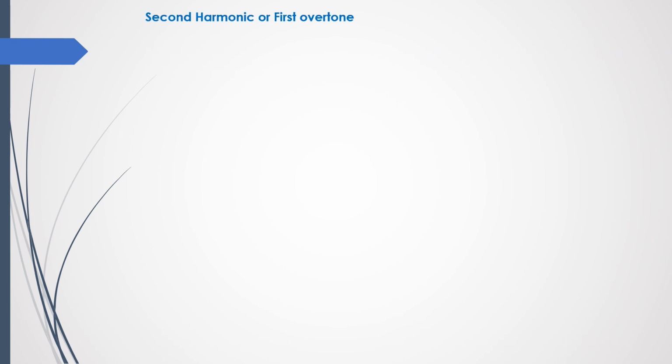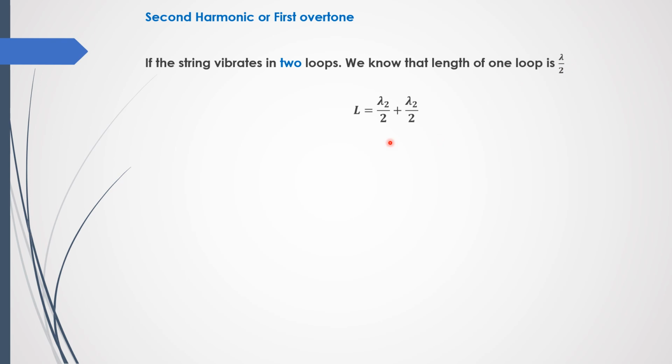Now the second harmonic, which is also known as the first overtone. When the string vibrates in two loops, its mode of vibration is known as the second harmonic or first overtone. We know that the length of one loop is lambda by 2. So here length will be equal to lambda by 2 plus lambda by 2, since the string is vibrating in two loops.